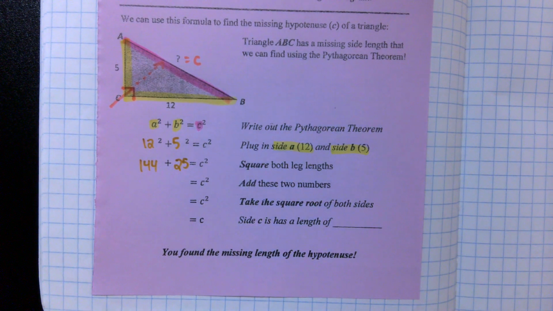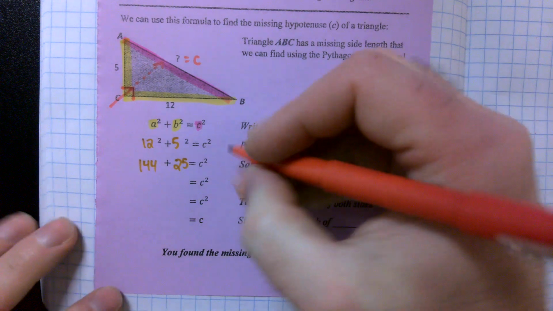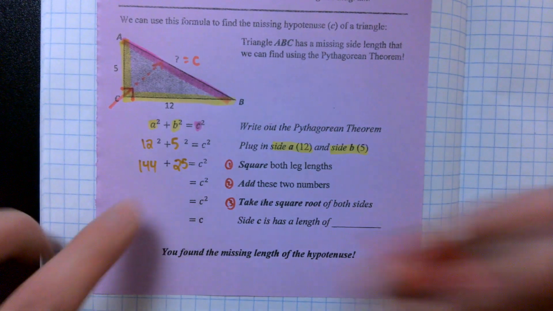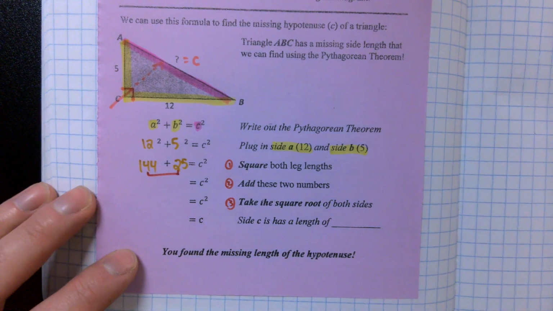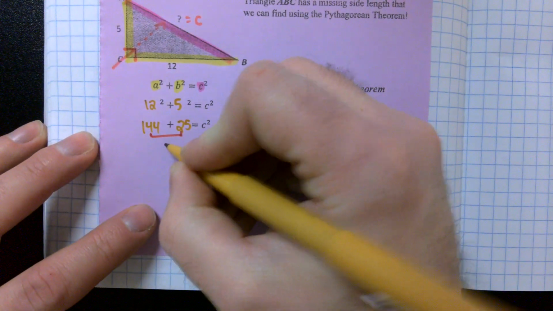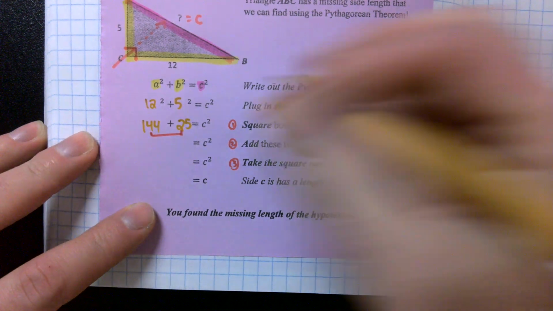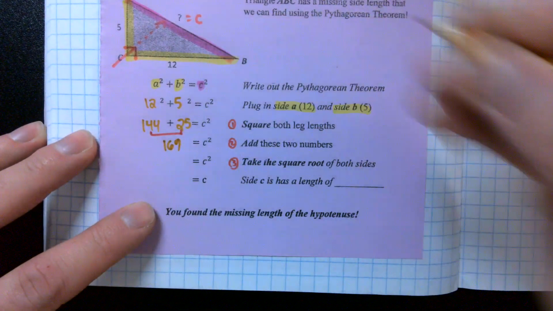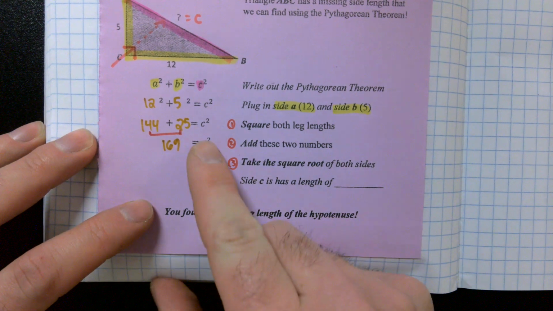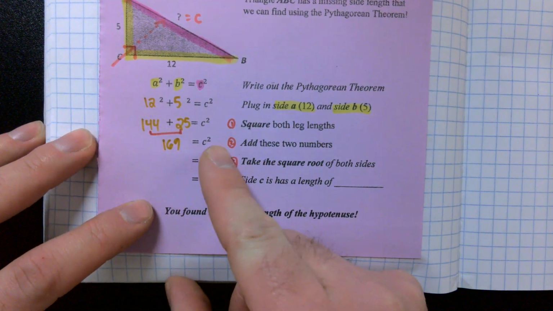Okay, so I squared them. Now I'm going to add them. What is 144 plus 25? 169. Now I have 169 equals c squared.